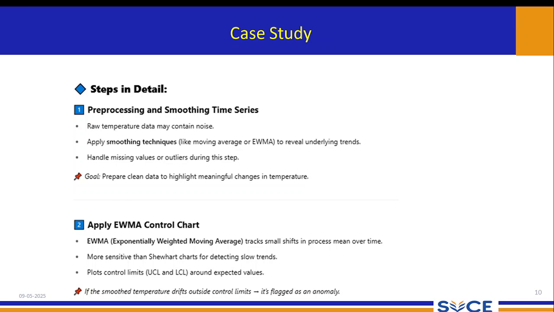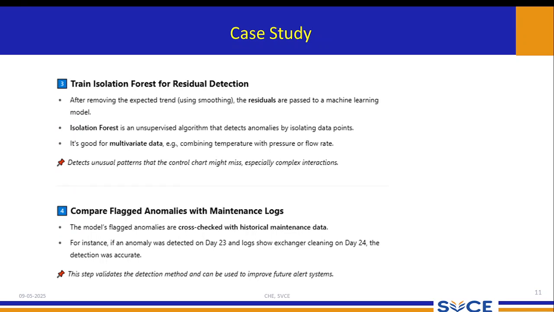When compared to the Shewhart chart, for very small variations, this is more sensitive. Plot the upper control limit and lower control limit around expected values. If the smoothed temperature drifts outside the control limit, it is flagged as an anomaly, a deviation from normal. So we will fix the upper control limit and lower control limit.